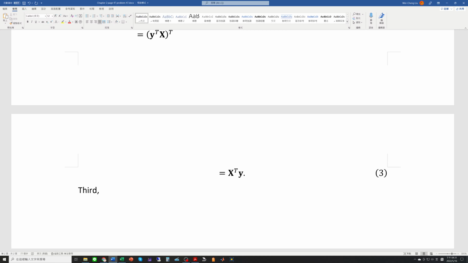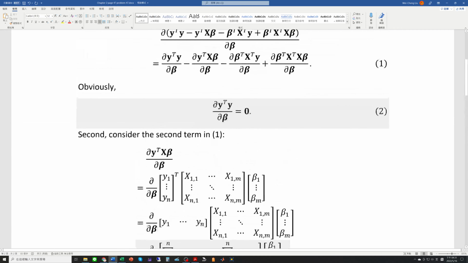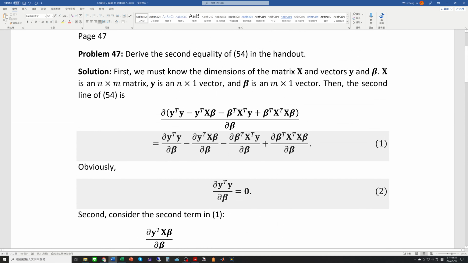The third step is to consider the third term in equation 1. Let us go back to equation 1. The third term in 1 is the partial derivative of beta transpose X transpose Y with respect to beta.